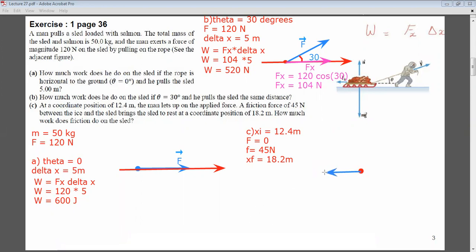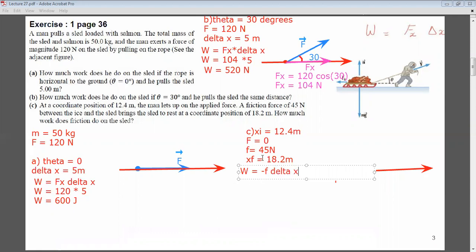This is friction. Let's stick to the same colors so as you don't get confused. And this is the x-axis. Now the work done by this friction is Fx times delta x. Fx is minus F because it's opposite to the x-axis. And delta x, so W is minus F times delta x.